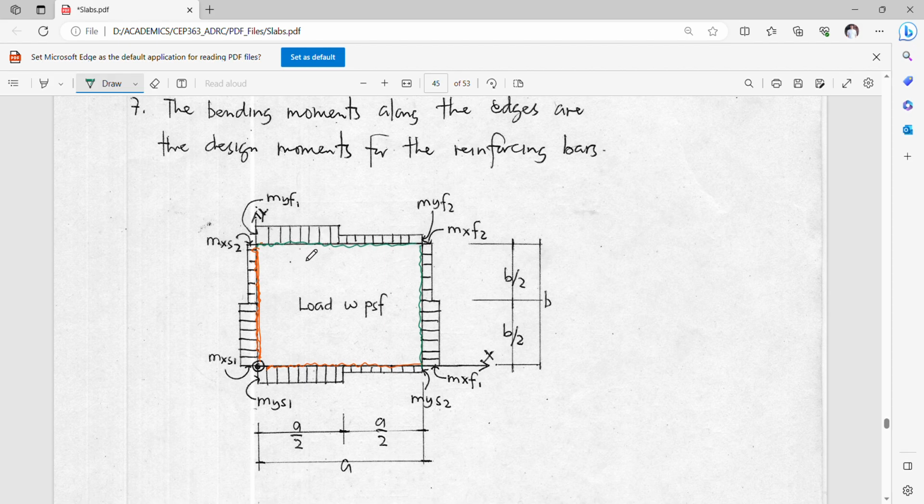The side here, since it is nearer to this column support, will gain a positive moment which is greater than this one, which is further from the support. The same is true with the support edges, the negative moment edges, wherein this is bigger in terms of the stepwise unit distribution than somewhere here at the remote location far from this column support.